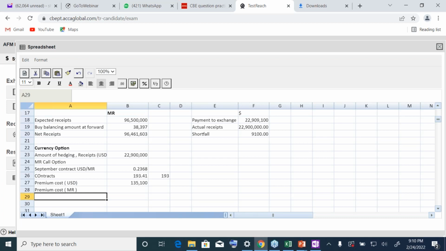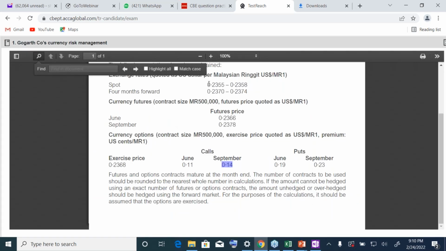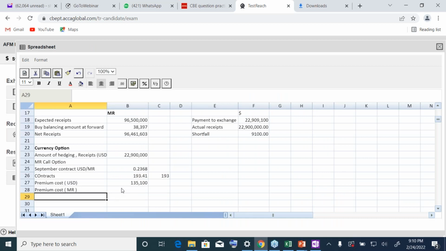Premium is a cost, we have to pay. Excellent. We have to divide it with the lower rate. The lower rate is 0.2355.